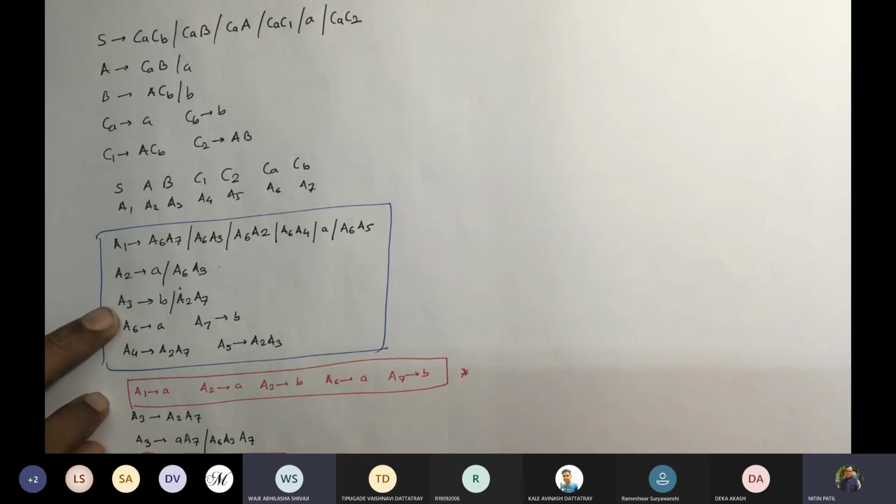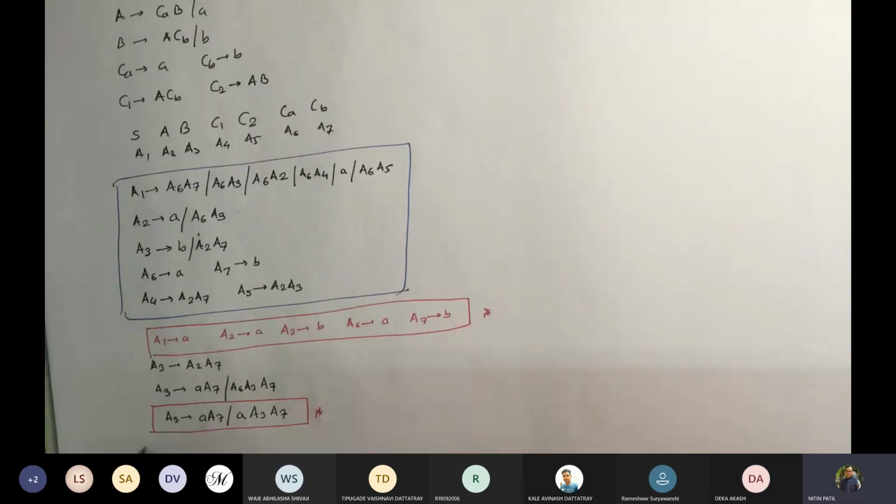अभी A3 हो गया। और एक कौन सा प्रोडक्शन था जहां पर इंडेक्स हायर था? A4. चलो A4 लेते हैं अभी। We will start with A4. A4 का क्या है? A4 gives A2 A7.